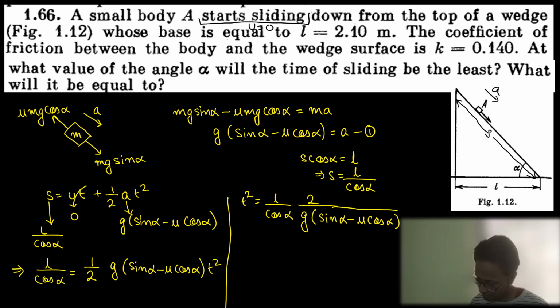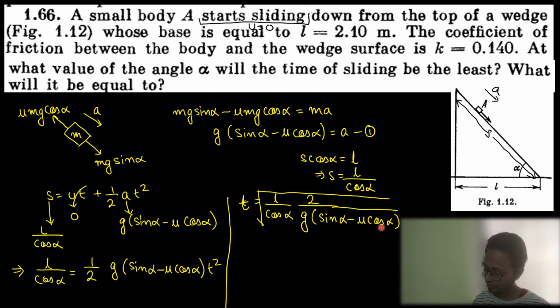So the value of t is nothing but under root of this. So we found out the equation of time, where time is equal to 2L by cos alpha g into sin alpha minus mu cos alpha.